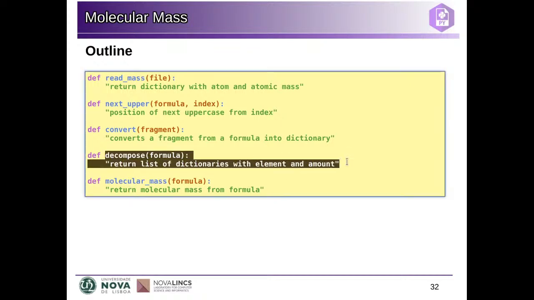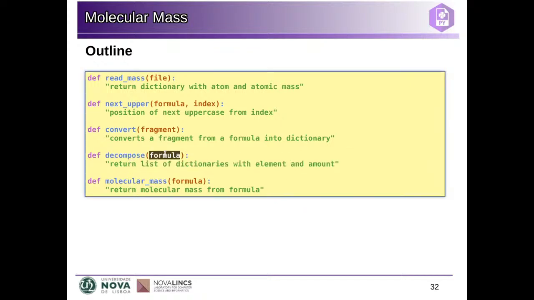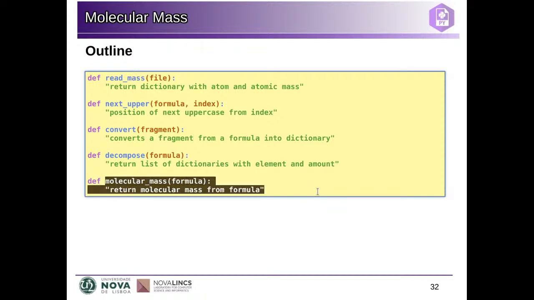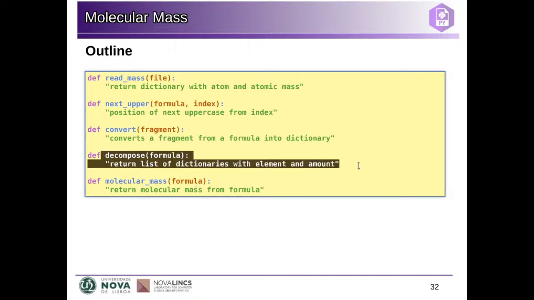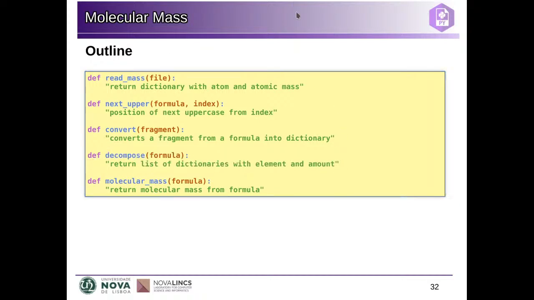Then we write this function that receives a formula and decomposes the formula into a list of these fragments. So a list of these dictionaries that say, here is a calcium atom, here are 3 oxygens, and things like that. Finally, we just add up everything. So this molecular mass function will just call the decompose function and then loop through all the fragments and add up all the masses.